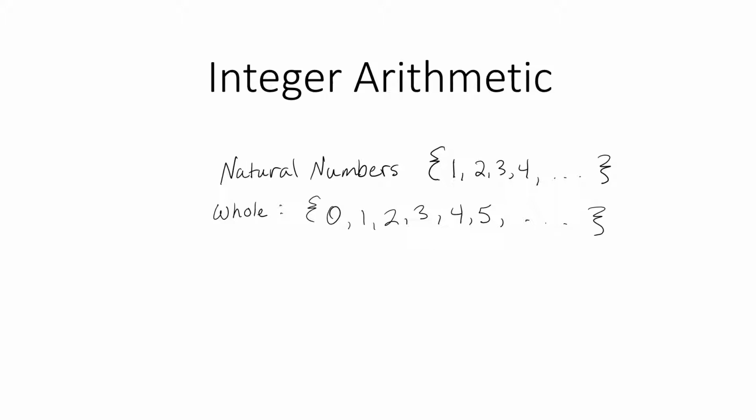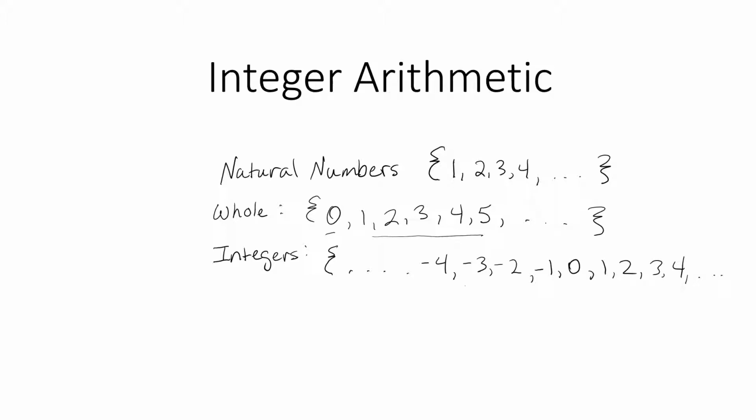Now we're going to add the integers to this set of numbers. The integers are 0 and the natural numbers plus all the negatives of the counting numbers. So we're building all the way up from the most negative we can go, negative infinity, all the way up to -4, -3, -2, -1, 0, 1, 2, 3, 4, and so forth.